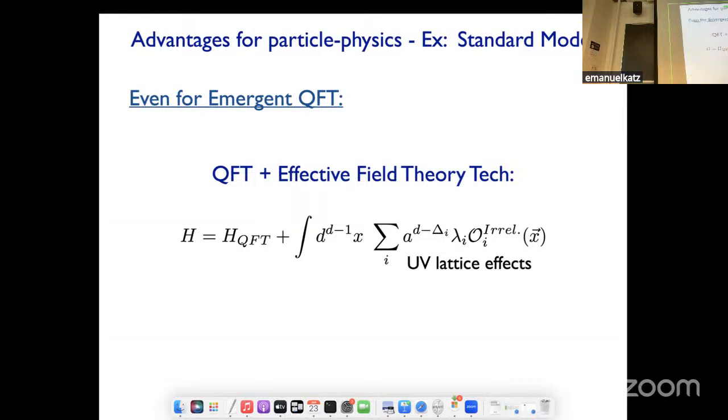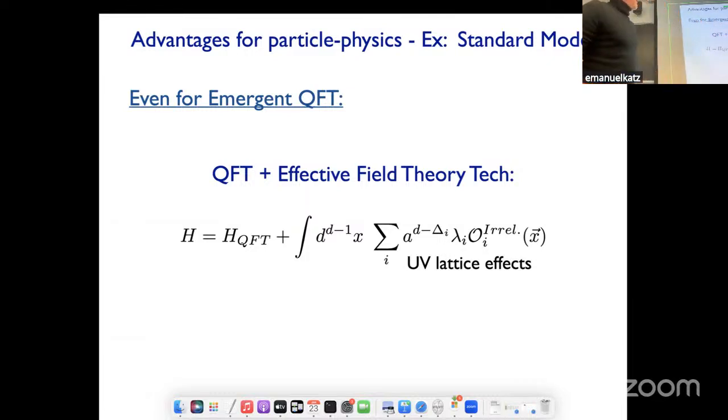Then in an effective theory framework, you are adding irrelevant operators to this quantum field theory, operators coming from whatever the microscopic underlying description is. So the microscopic data affects these coefficients. And here I've put in, cartoonishly, a lattice spacing. There's some set of operators, depending on their scaling dimensions, that come into here.